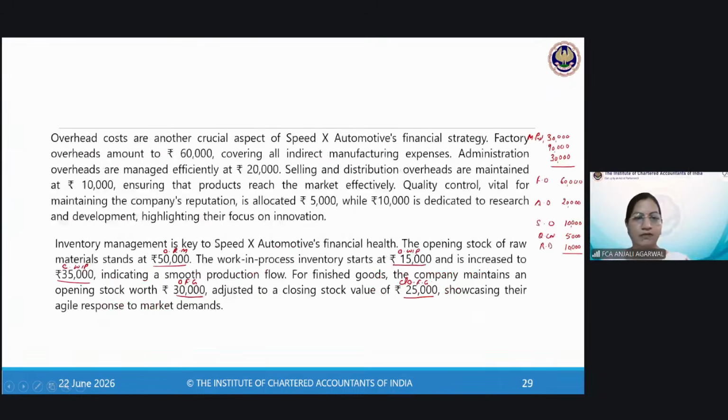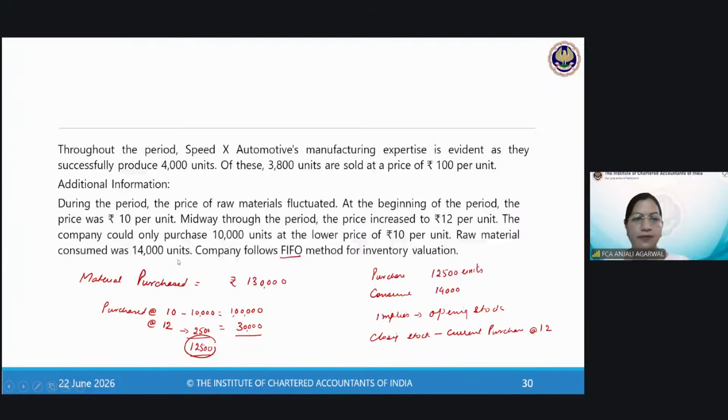All information is given. How much is given for the raw material price? Opening 50,000. Then it is saying the beginning price was 10, so we assume that the entire opening stock was at 10. And then you have purchased some units at 10 and some at 12. We know that the total purchases are 1,30,000. 10,000 units at 10 means 1 lakh, so the remaining cost of purchases is 30,000.